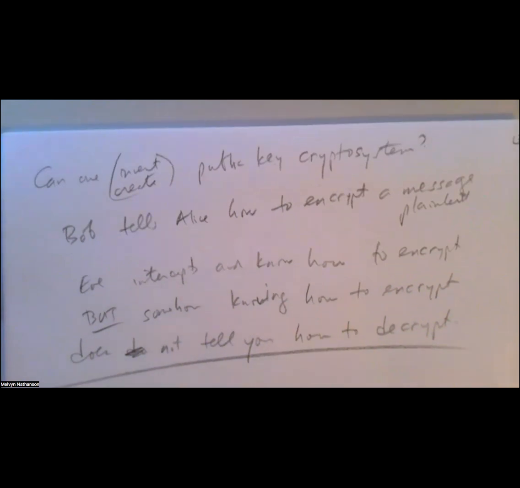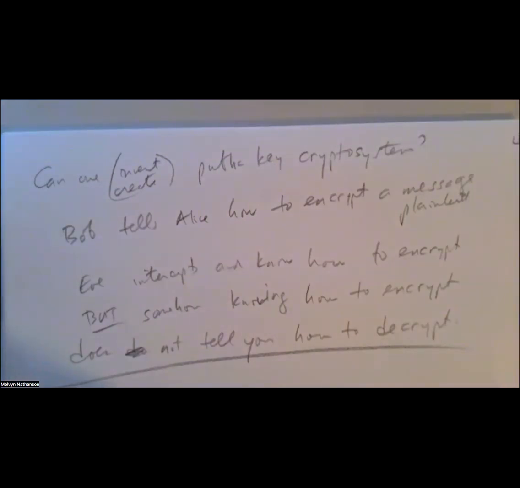And this was for a long time the holy grail in cryptography. Can you invent a system with this property, that knowing how to encrypt a message does not tell you how to decrypt the message?